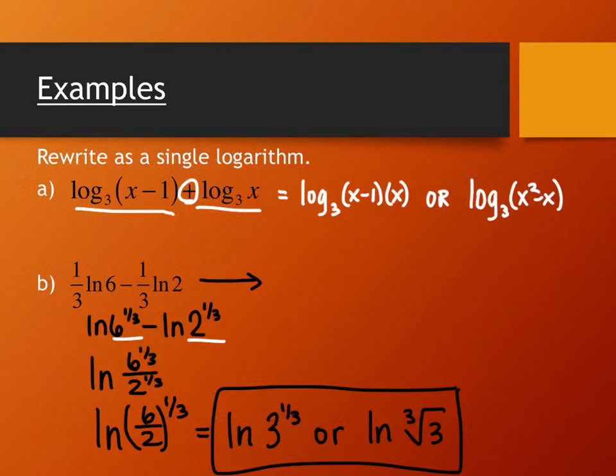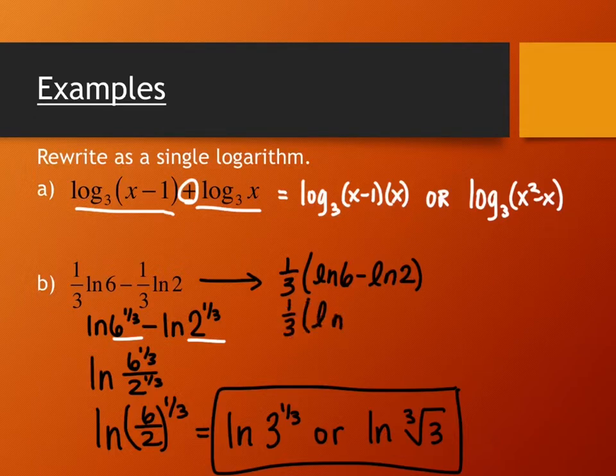Now, because of that 1/3 coefficient being the same on each piece, there is one other way we could have done this problem. What we could have done is factored the 1/3 out in front and dealt with it like this. Again, this only works because they're both 1/3. If they weren't both 1/3, we couldn't do that anyway. But then again, if they both weren't 1/3, we might not be able to simplify this piece either, right? So if we do it in this order, we'd have the 1/3 in front.